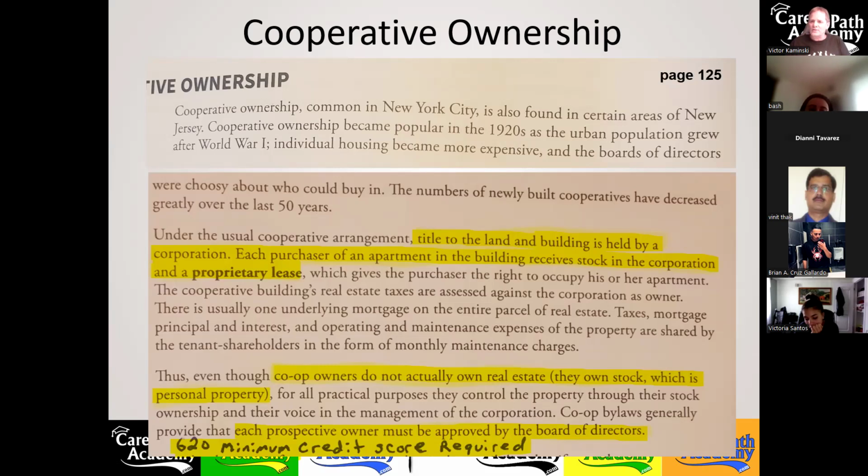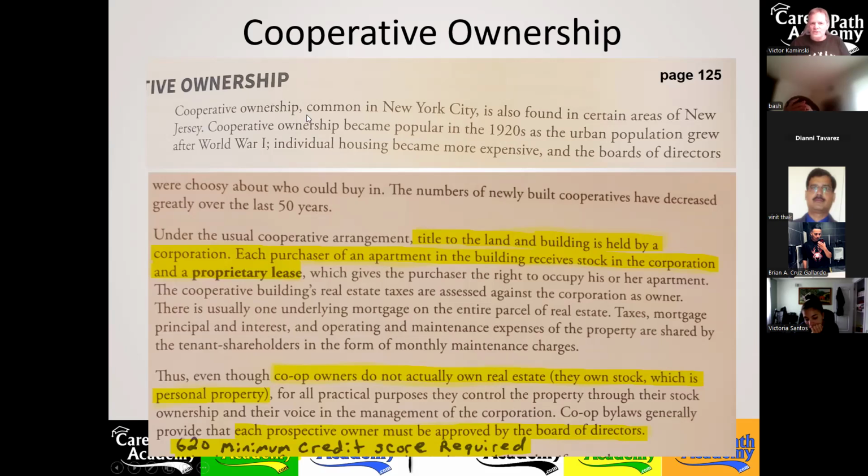Having a single standalone structure is significantly more than a unit in a larger complex. Plus, you don't have to worry about the maintenance of the exterior, the snow removal, the maintenance of the exterior of the building and such. That's usually included in your monthly condominium maintenance fee.